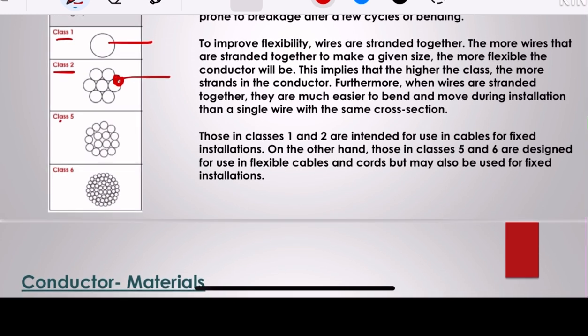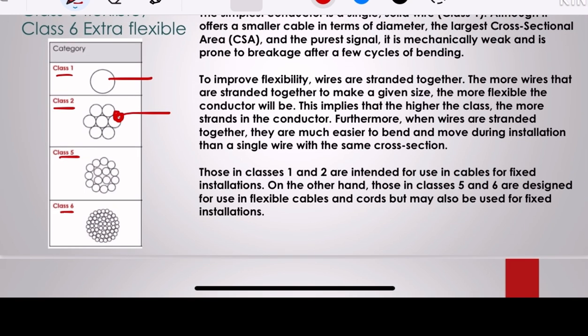If you compare class 5 and class 6 conductors, you will find the strands of class 6 are very fine compared to class 5. So as the strand size becomes finer and finer, the flexibility of the conductor increases more and more. Solid class 1 is not that flexible and it will break easily after one or two bends.